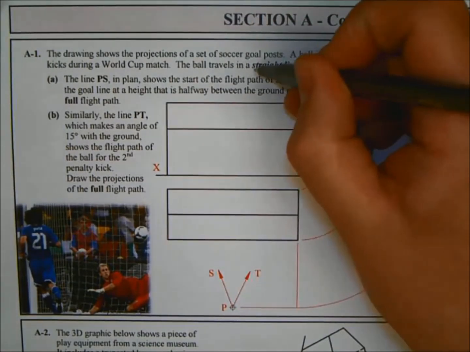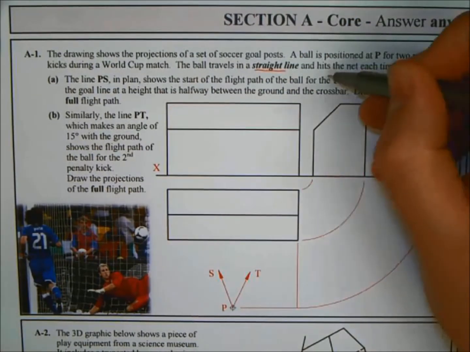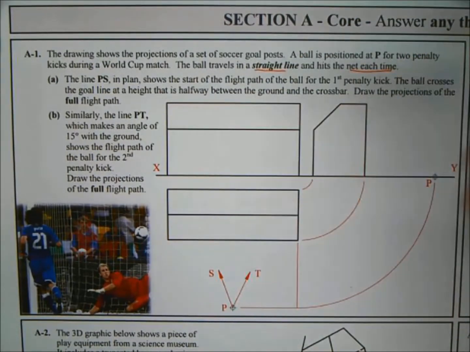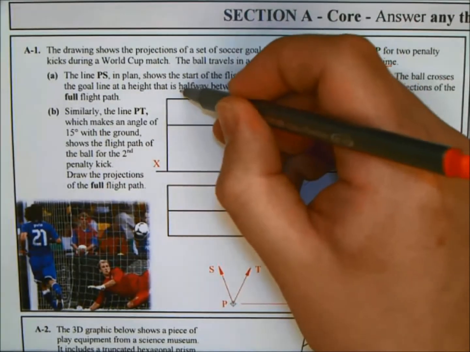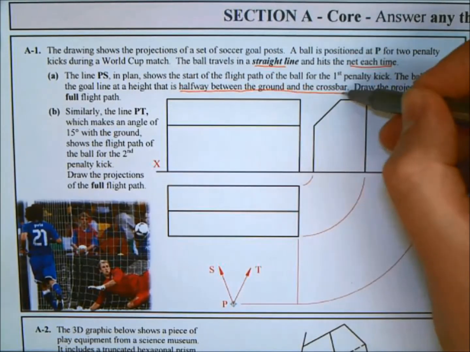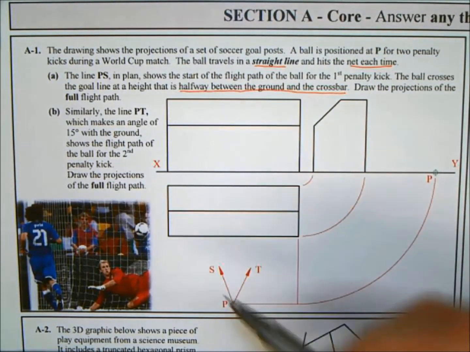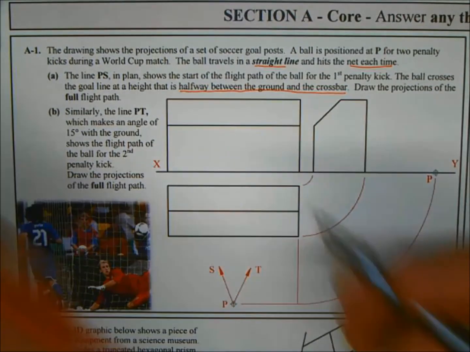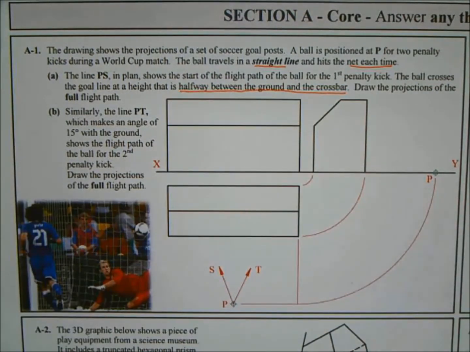So first off, they travel in straight lines and they hit the net each time. Then for this one, halfway between the ground and the crossbar. So first one, PS, travels in this direction, so we can extend that line just to start off.